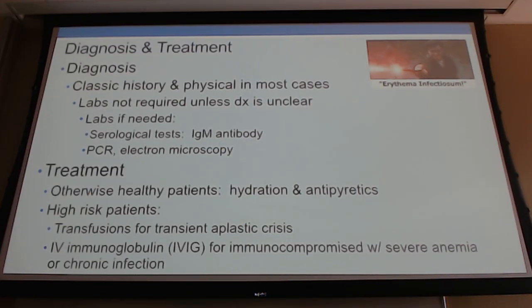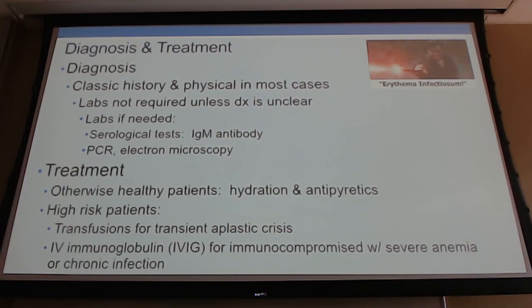Same diagnosis, so a lot of times this is one where we are not getting a whole bunch of diagnostic studies. If a kid comes in with that slapped cheek or with the history of it, we most of the time are using a clinical diagnosis. And you can do an IgM, you can do a PCR. If you are working in the military and you are diagnosing things by electron microscopy, please let me know what base you're at.